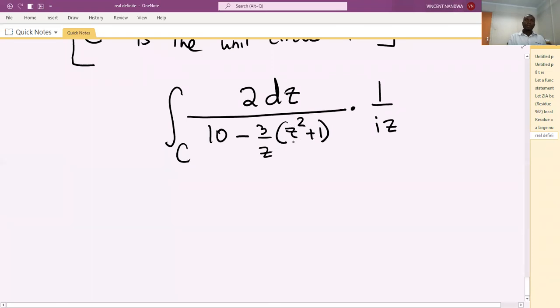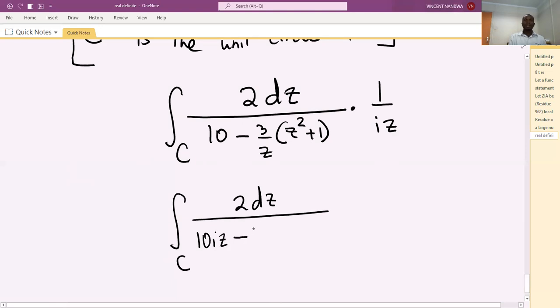So this is the same thing as multiplying every term here. I have the integral along C of 2 dz over iz times this, which will give 10 iz, then minus z crossed with z, so I'll have 3i into z squared plus 1.